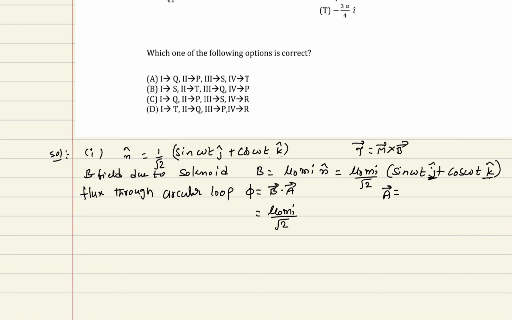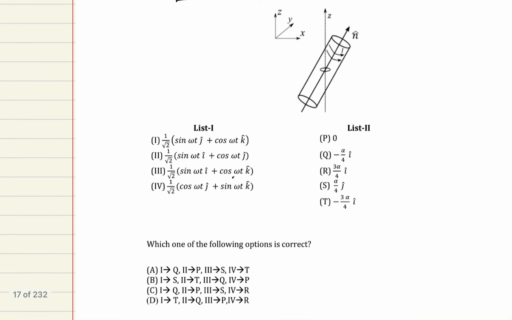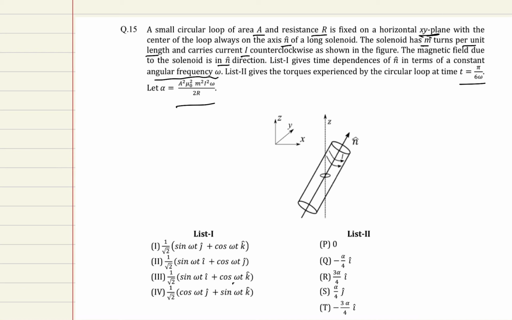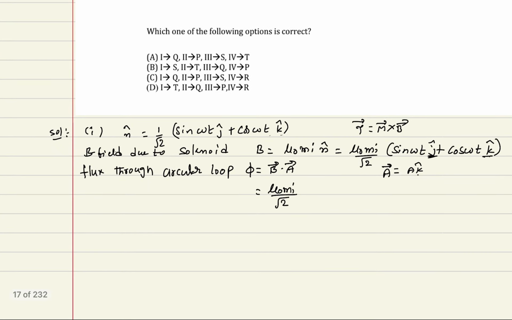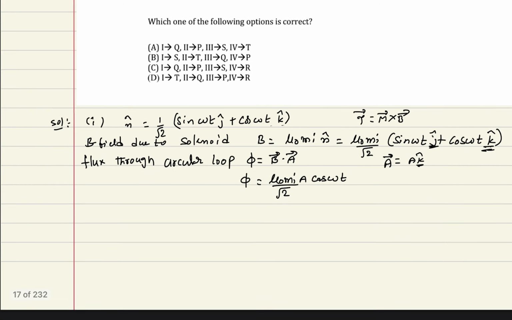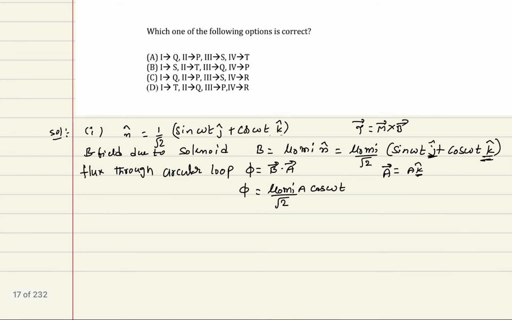A bar is always A into k cap, because the small loop is placed in the xy plane, so the area vector is perpendicular to the xy plane. Only k cap and k cap terms will remain; the remaining term will vanish because j cap dot k cap is 0. So the flux through the coil is mu naught m I by root 2 into area A into cos omega t.